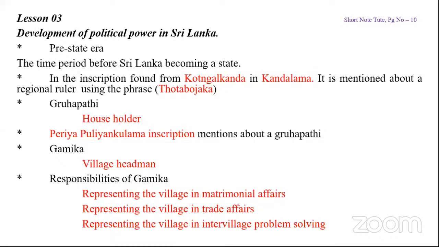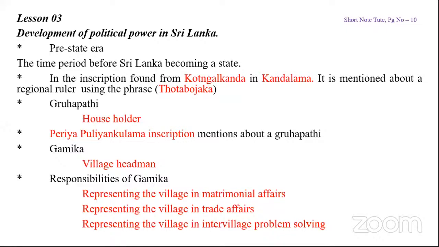Now, what were the responsibilities of these Gamikas? He was the person who represented the village in matrimonial affairs. Normally, marriages were not done inside the village. All the people in the village were relatives, so it's not good to marry each other.